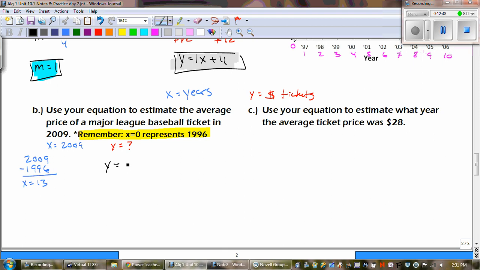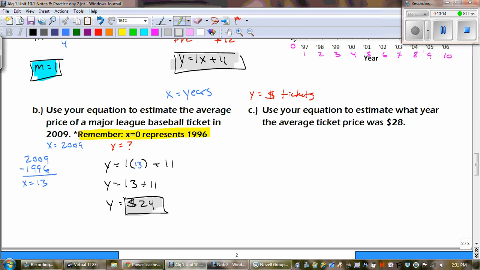So to find out y, all we have to do is plug in. So I'm going to plug in 13, which we just found, and we get 13 plus 11. What does y equal? 24. And just remember that we're talking about 24, yeah, $24. Okay.